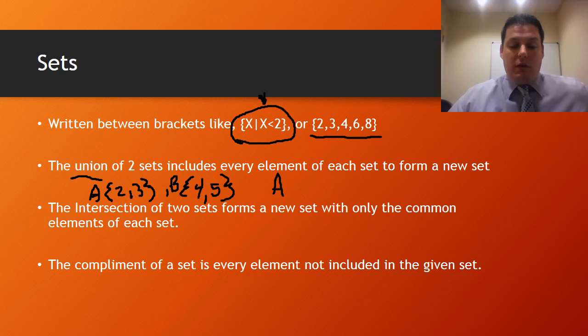A union is written with a U, so the union of sets A and B would equal each element in those sets. So we would have 2, 3, 4, 5.